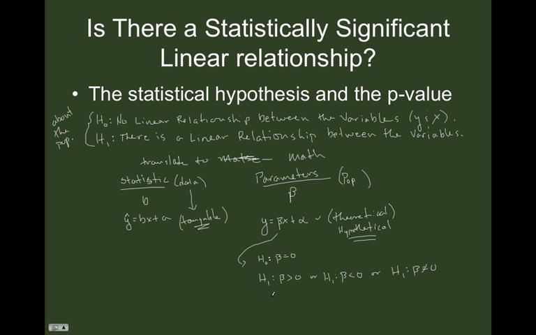So we'll use the H1, or the alternate, beta greater than 0 when our theory is, or when we believe, that the relationship is linear and positive.